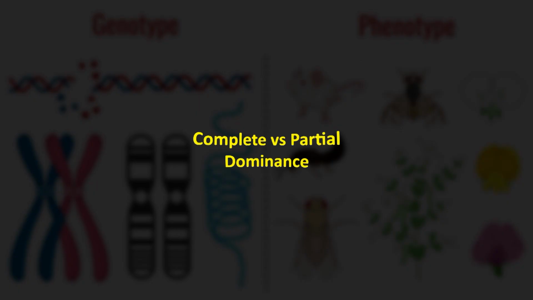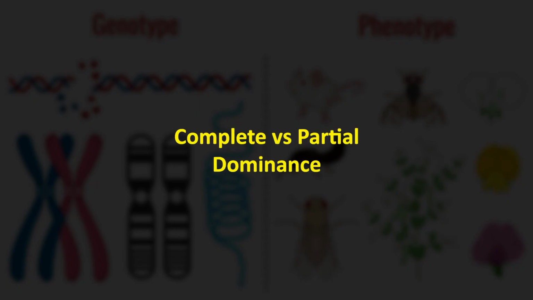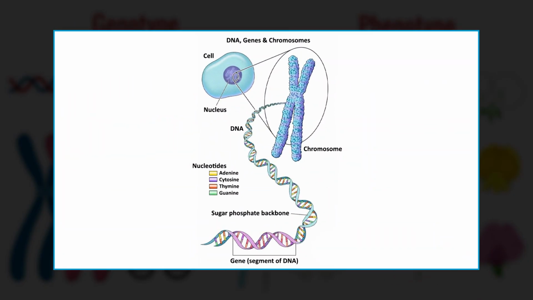These allelic interactions were not exclusively recessive or dominant, and they greatly enriched our understanding of how genotype leads to phenotype. Dear students, let's now discuss complete versus partial dominance. Dominance affects the phenotype derived from an organism's genes, but it does not affect the way these genes are inherited. Complete dominance occurs when the heterozygote phenotype is indistinguishable from that of the homozygous parent.